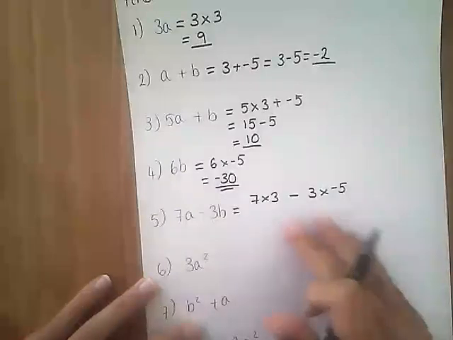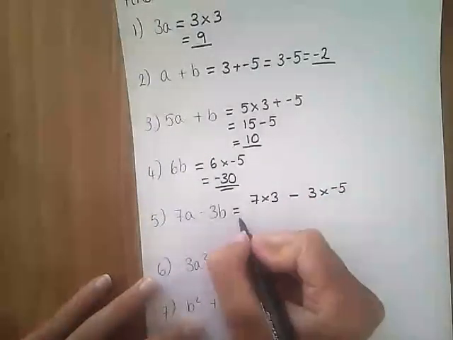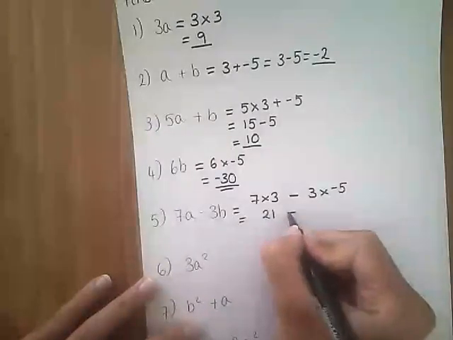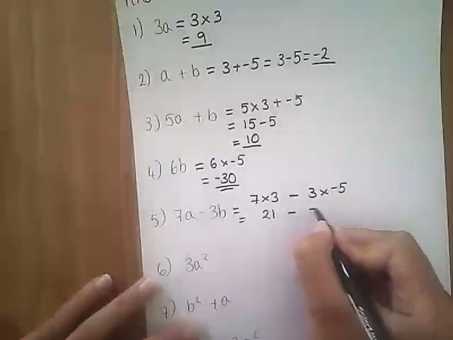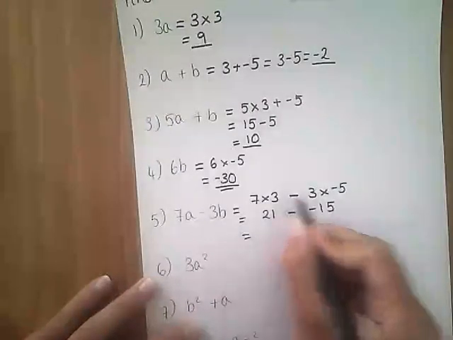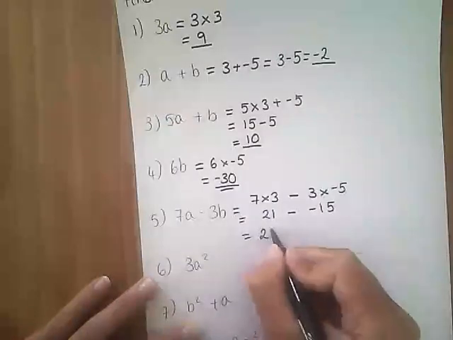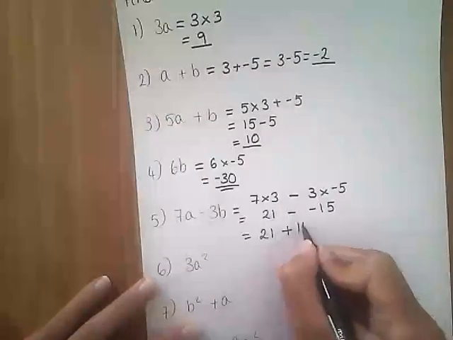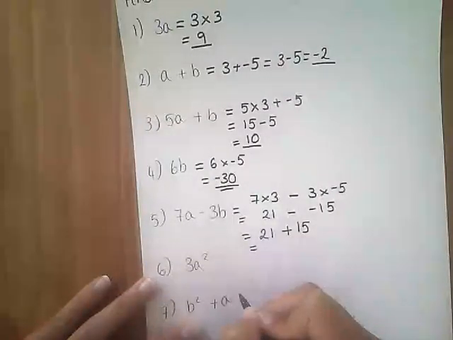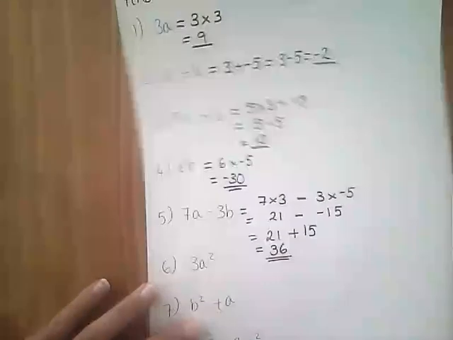Okay, you show the examiner you're substituting it in. 7 times 3, of course, is 21. 3 times minus 5 is minus 15. So we've got 21 minus 15. Well, minus 15, if you minus something, you plus it. So that makes 21 plus 15, which equals 36.